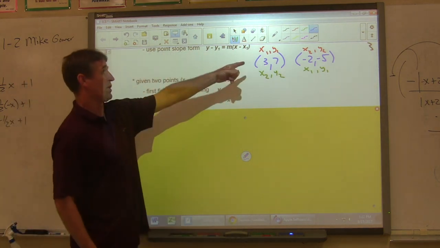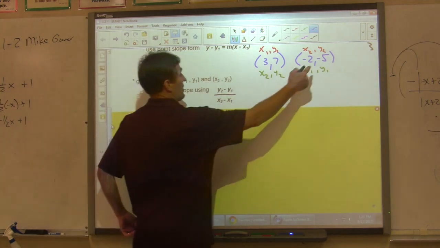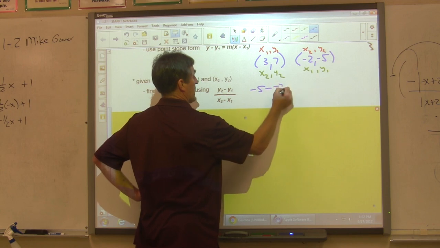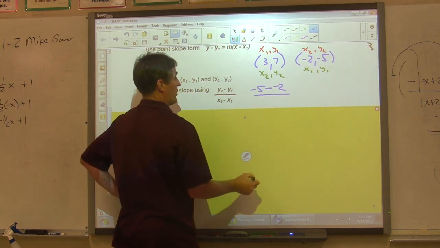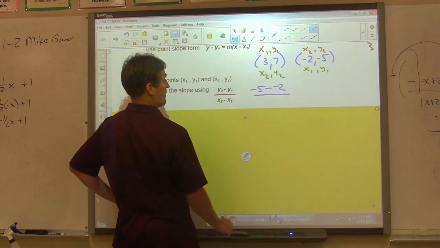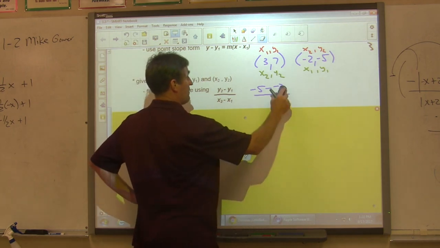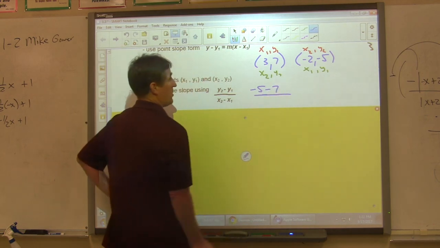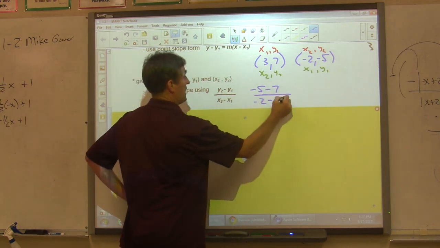In fact, let's just show this both ways. I'm going to call this the second set. So that would be negative 5 minus 7 over negative 2 minus 3.